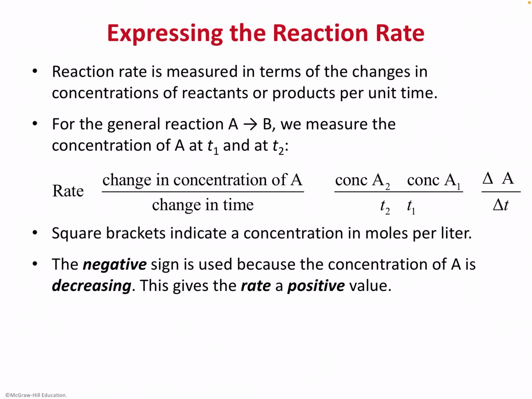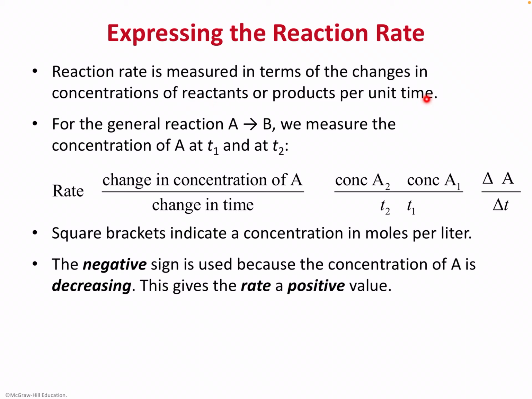Now, how do we express the reaction rate? So this is how normally we express the reaction rate. Reaction rate is measured in terms of the changes in the concentration of reactants or products per unit time. So the changes in concentrations of reactants or products per unit time.